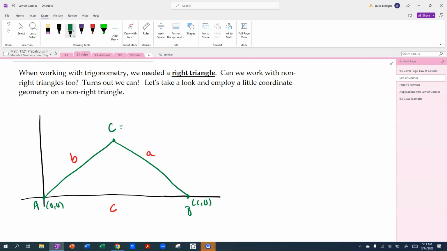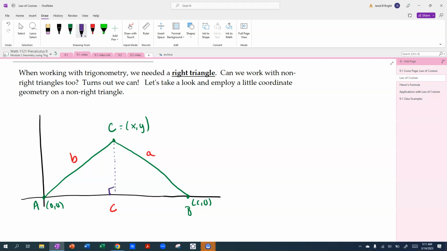Okay, C, we don't actually know what this is, but I'm going to just call it a general point x, y. Now I'm going to start digging into this. I'm wondering how I can represent x and y. If I imagine dropping an altitude, a perpendicular line segment to the opposite side from a particular vertex, I'm going to drop an altitude from C. So there's my altitude.